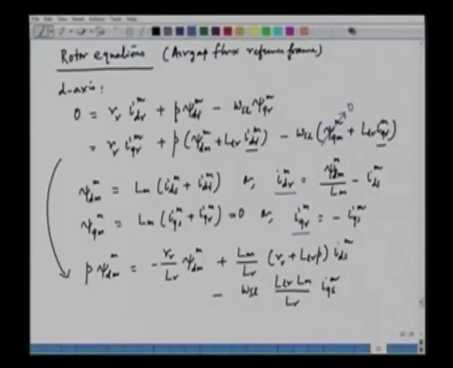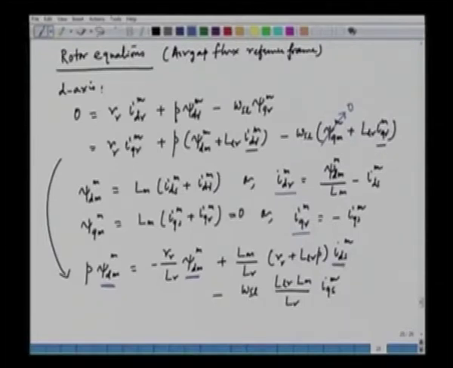Now, here one interesting thing has to be observed. This equation shows that there is a coupling between IDS, and of course IQS, and the flux linkage. Say, for example, we want to keep the flux constant. To keep the flux constant we can keep IDS constant.